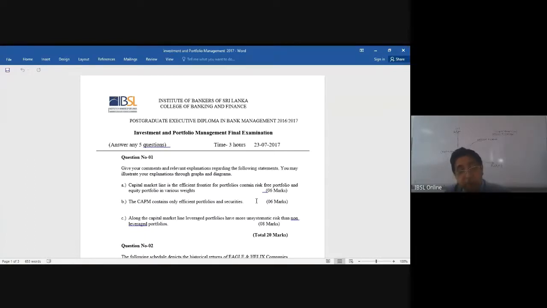Beta would be the independent variable, and expected return is the dependent variable. So it doesn't talk only in terms of efficient frontiers and efficient portfolios and securities. So therefore, this statement is wrong.